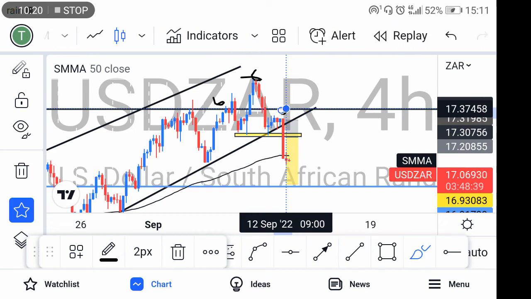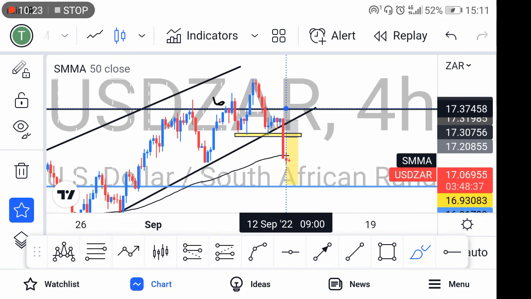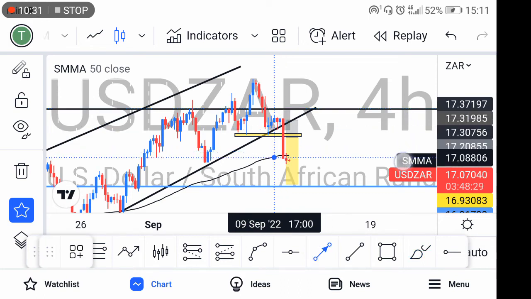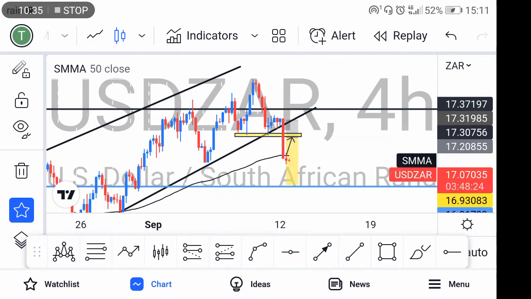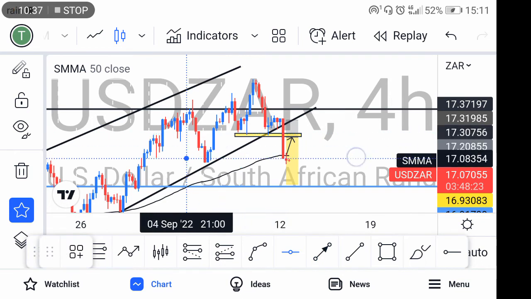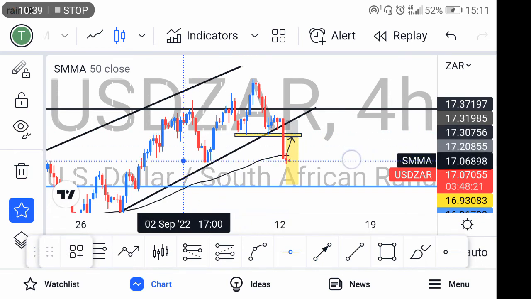And what it did after it gave us that inverse head and shoulder, it broke out of this supporting trend line, and now I'm expecting it to at least go back to our neckline, because as we can see, we are at another support here, guys.